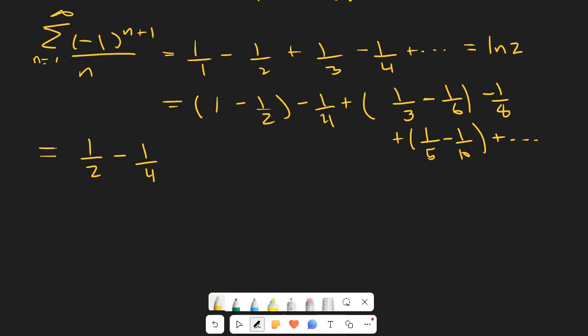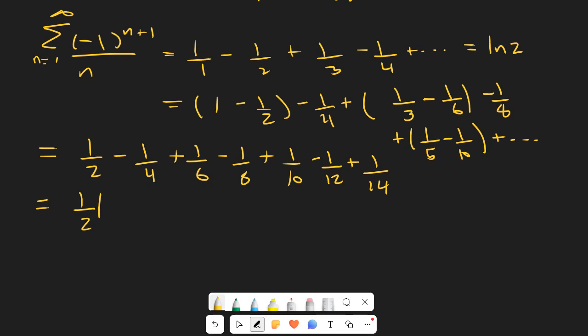But then here you have plus 1/6 minus 1/8, and then plus 1/10, and if you repeat this pattern, minus 1/12, and then plus 1/14. But look at this.